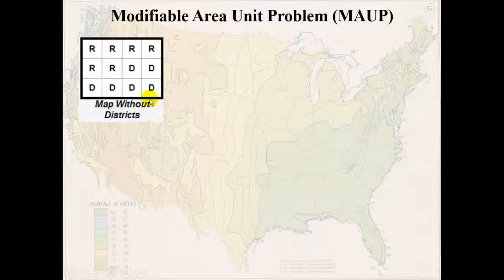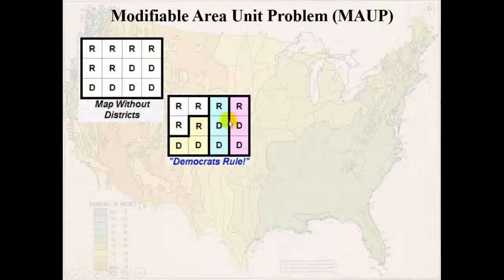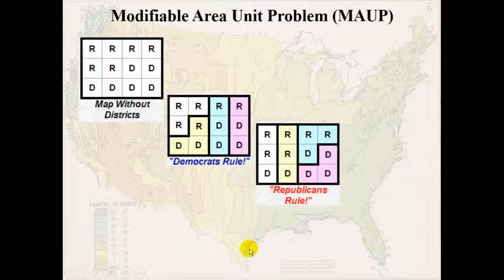So it's just the entire map, and you can see we've got some R's and some D's for Republicans and Democrats. If we draw the zones like this, the Democrats will rule because they will win most of the districts, right? Democrat majority, Democrat majority, Democrat majority. So 3-to-1, Democrats rule. If I draw my districts differently, the Republicans 2-2-2 will rule.